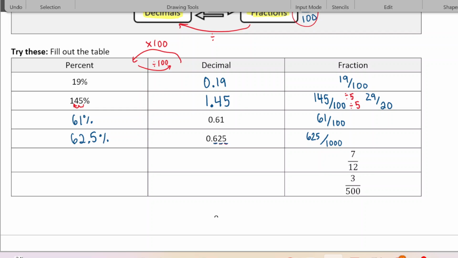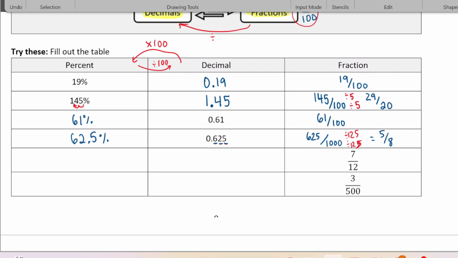That's how to read that number. And we can reduce that to make it easier to understand. We want to divide by 25. Or actually, we can even divide by 125 to get 5 over 8.